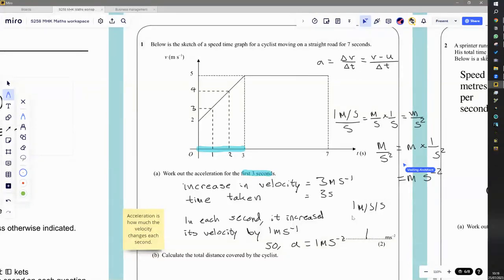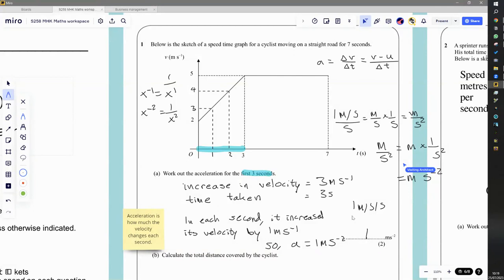This is from the topic of indices or powers, but essentially when we do this, minus is like saying 1 divided by. For example, x to the minus 1 is the same as 1 over x to the 1. x to the minus 2 is the same as 1 over x to the 2, and so on. That's all I've done here. So the answer there is 1.